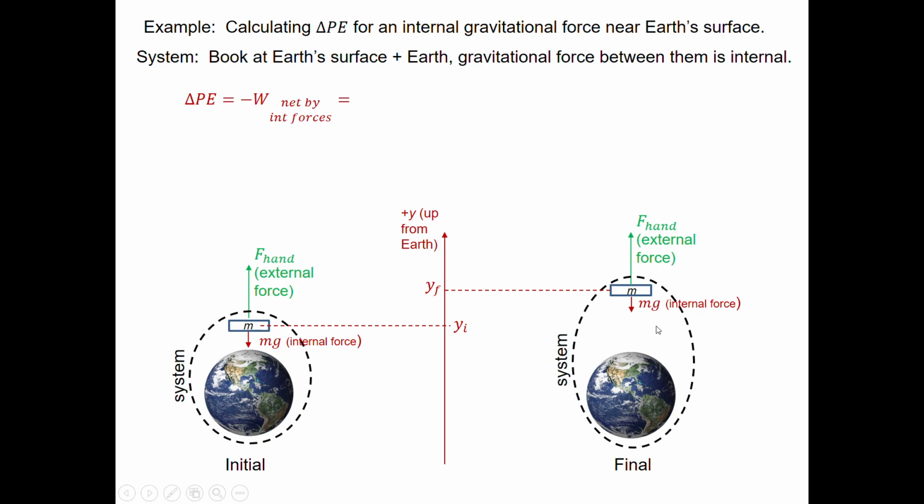All right, by definition, the change in potential energy is the negative of the net work done by internal forces, and so that's the net work done by the gravitational force. I've got to keep that minus sign coming along for the ride out in front. Here's that minus sign again, just coming along for the ride. And now I've got to calculate in the big parentheses here the work done by the gravitational force in between initial and final.